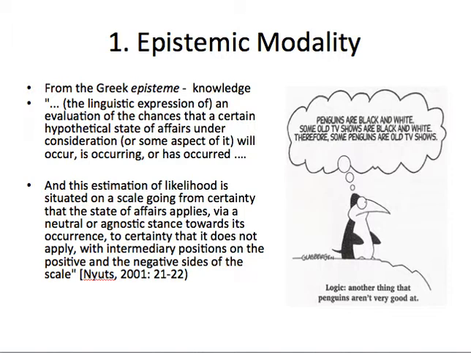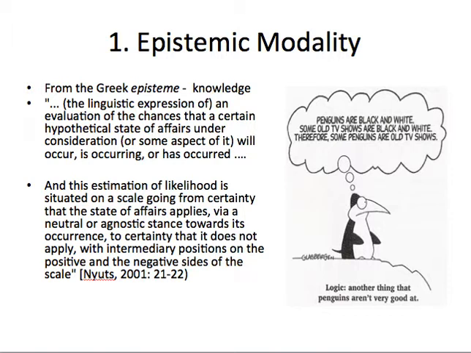To continue, and this estimation of likelihood is situated on a scale going from certainty that the state of affairs applies, via a neutral or agnostic stance towards its occurrence, to certainty that it does not apply, with intermediary positions on the positive and the negative side of the scale.